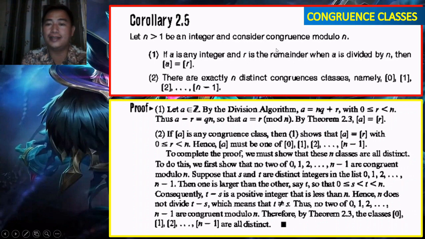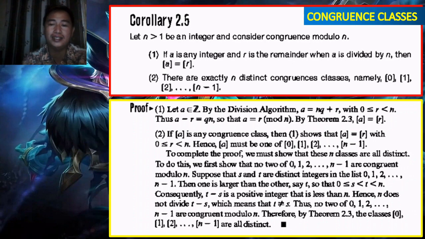Here n is the divisor, and r is the remainder. That is what we assume, so we can use the division algorithm.